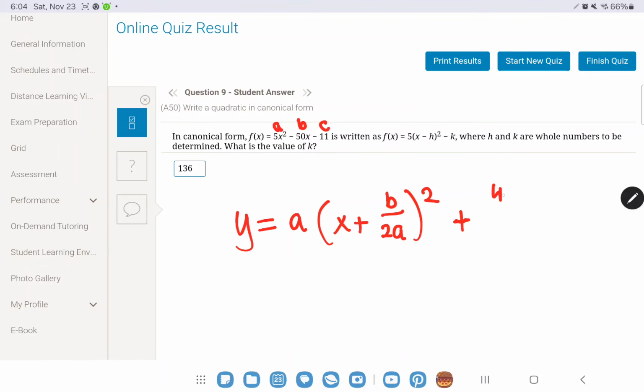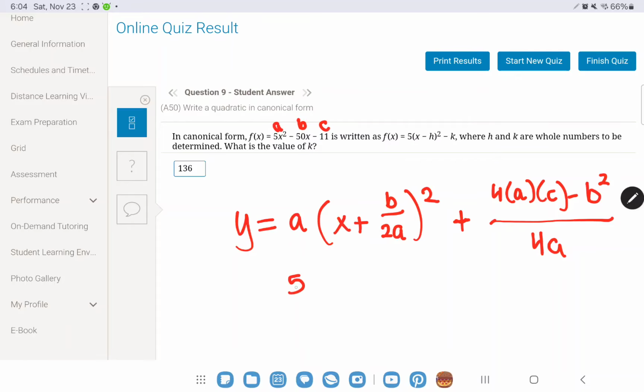Plus 4ac minus b squared over 4a. Put all of these values in your calculator.